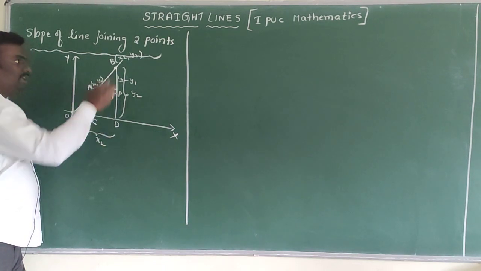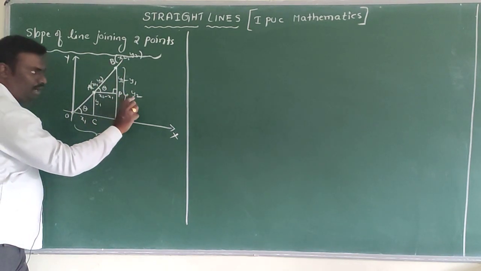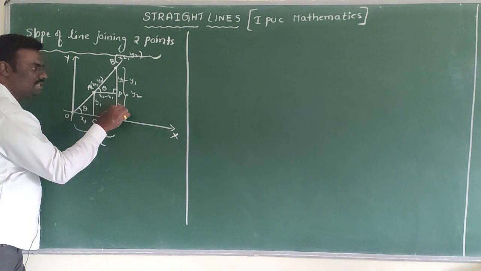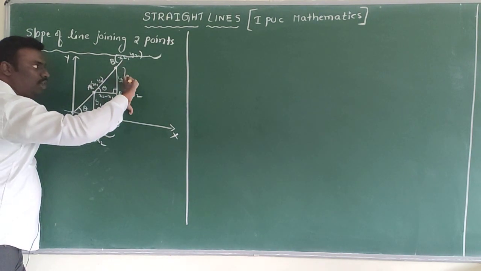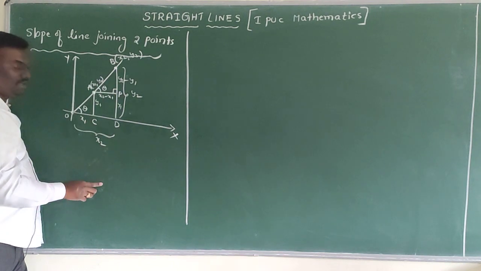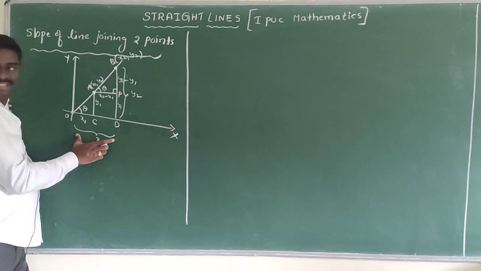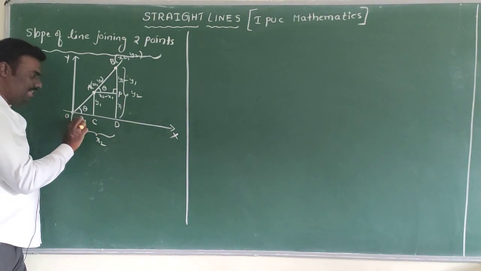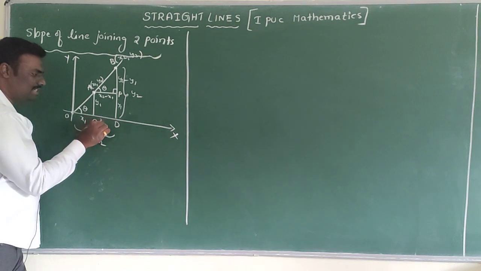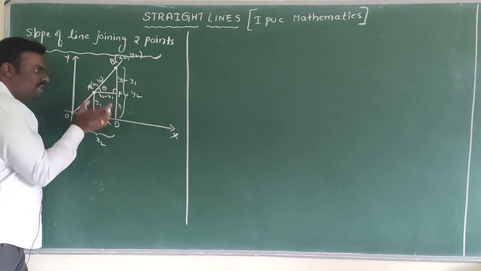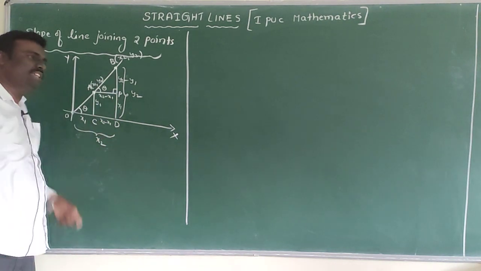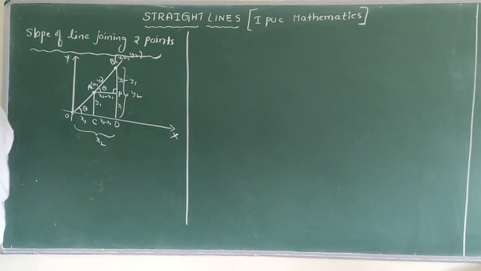Once again, listen, this total distance is y2 and this distance is y1 and the remaining distance is y2 minus y1. Similarly, this total distance is x2 and this is x1, the remaining distance is x2 minus x1. If it is x2 minus x1, it is also x2 minus x1 because both are the same length.